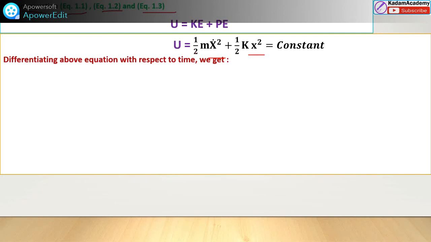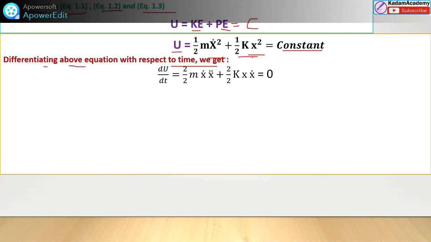And what does the law of conservation of energy state? U is equal to K plus P, which is always equal to a constant C. So differentiating the above equation with respect to time, what will we get? dU by dt is equal to half into 2 m x dot into x double dot plus half into 2 k x into x dot is equal to 0.